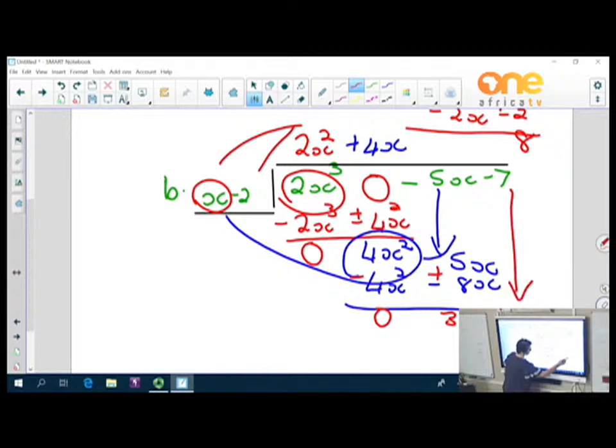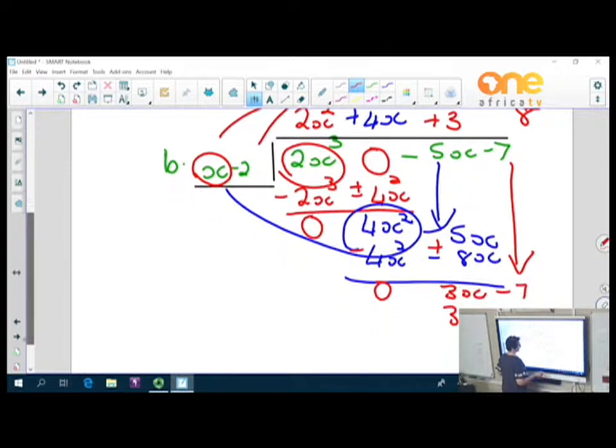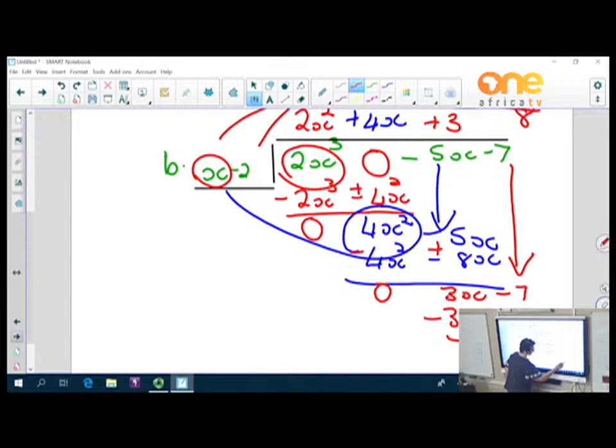We need to bring this one down, minus 7. So now it is positive 3, multiply, then you have 3x minus 6. If we subtract here, this one eliminates, this one is negative 1, so you have remainder, negative 1.